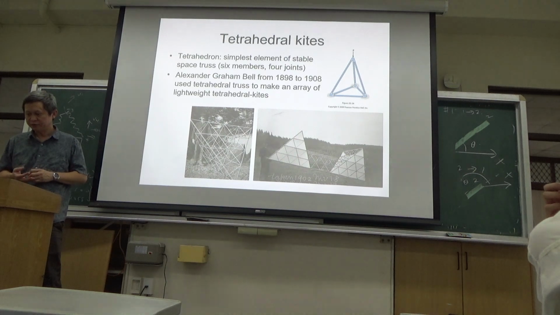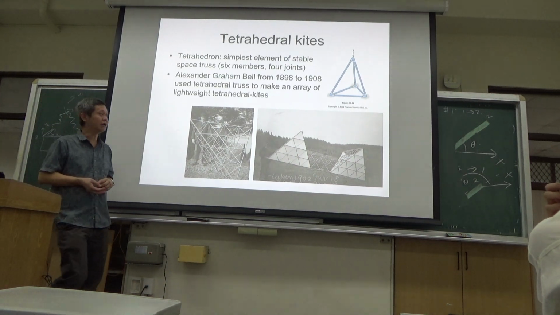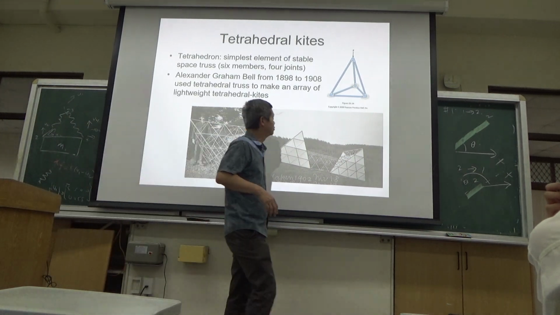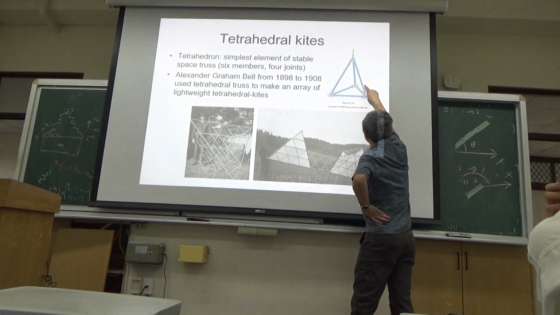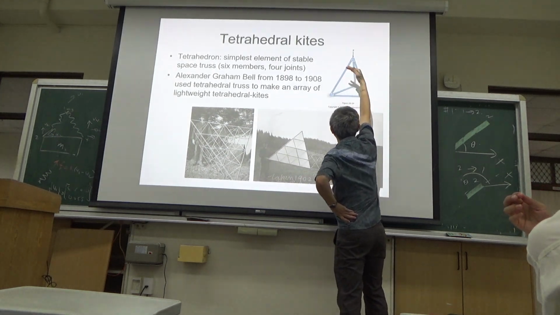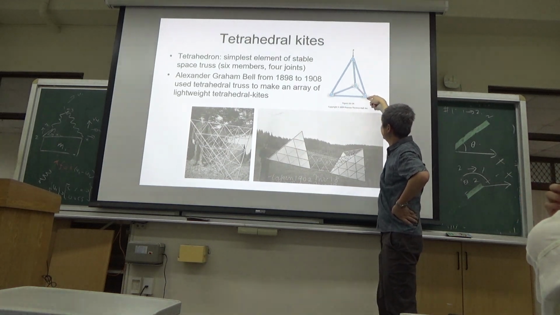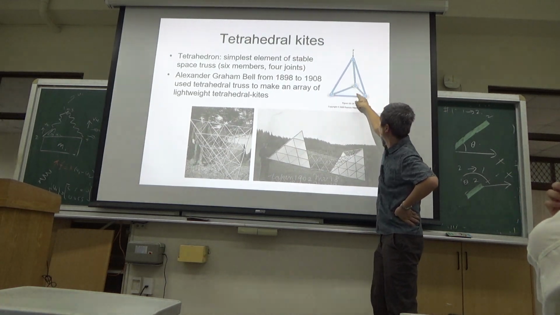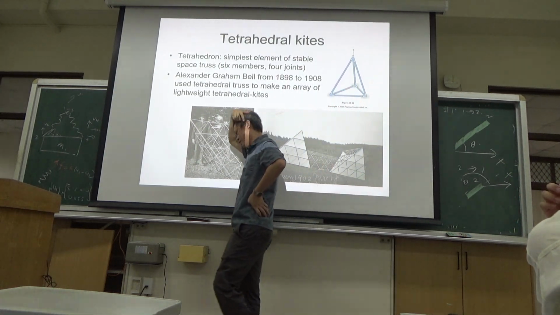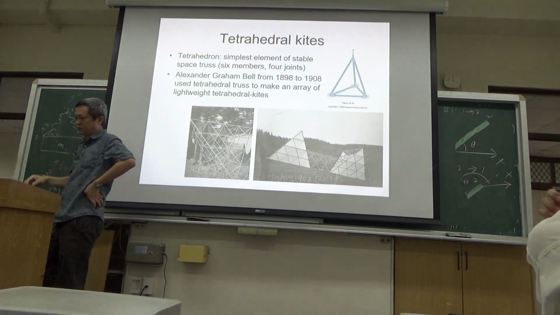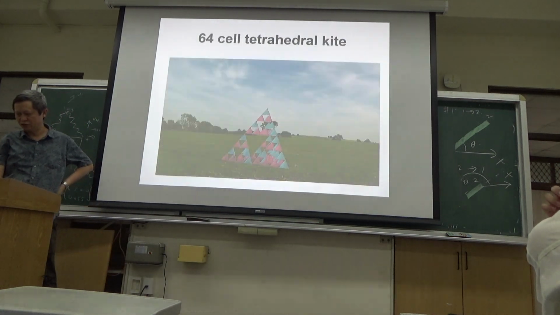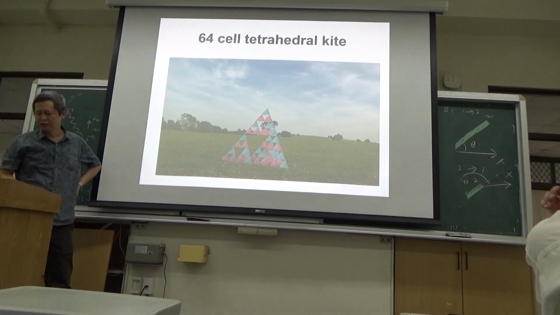They are stable. They have 6 elements and 4 joints. Let's count: 1, 2, 3 for the top structure, and then the projected base has another 3 members. They can combine to make the tetrahedron. Let's have a look at how this structure takes off.